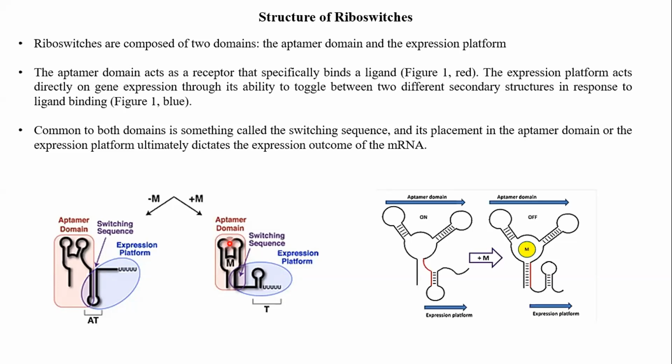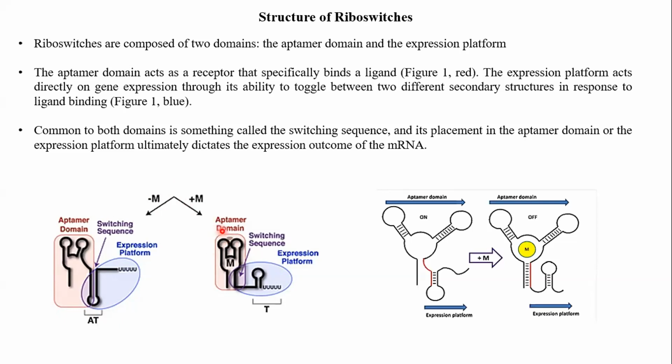Suppose this metabolite X is not present in the cell. Then biosynthesis is required, which means those genes should be transcribed. When that metabolite is not there in the cell, the genes should be expressed because they are required for its biosynthesis.